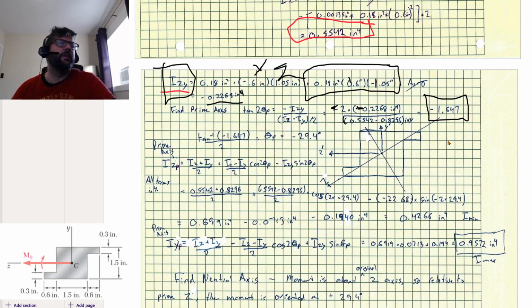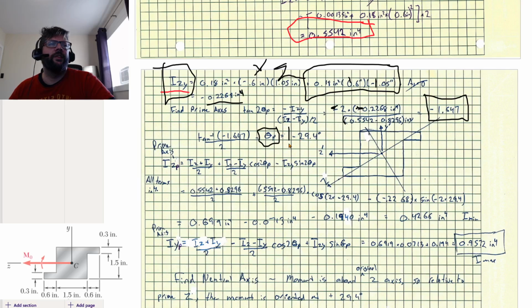Again, it's a ratio, so there are no units. If you end up with units left over at the end, then you've got some issues that you should resolve. We can just take the inverse tan of that and divide by 2 to get our theta prime.